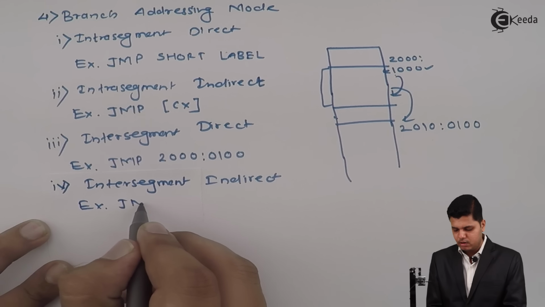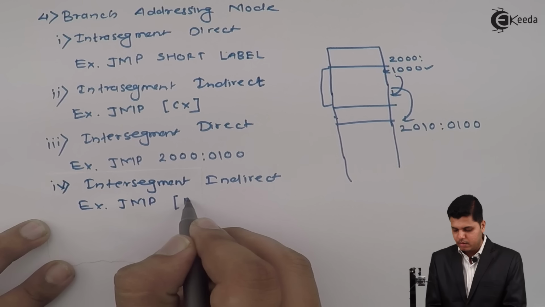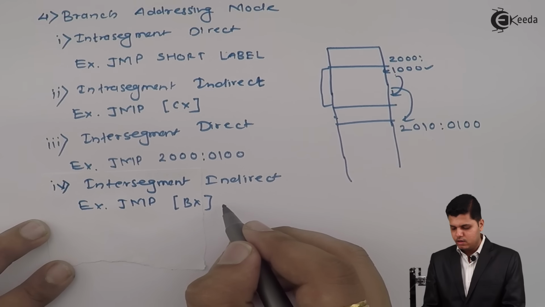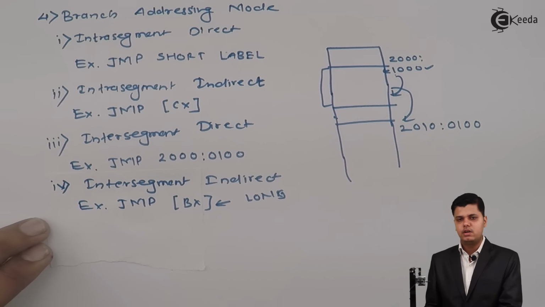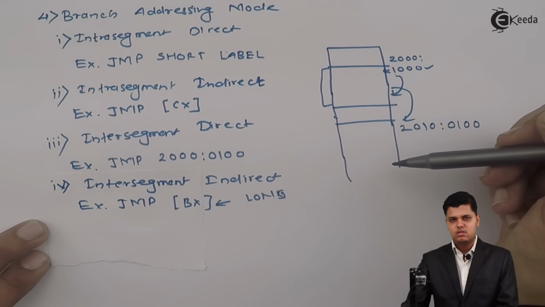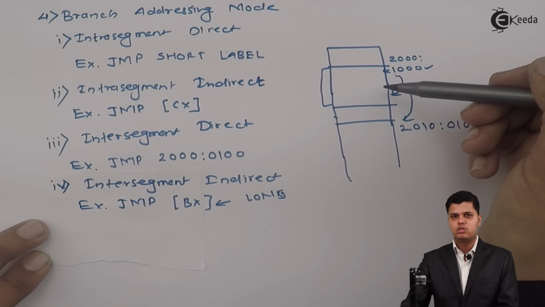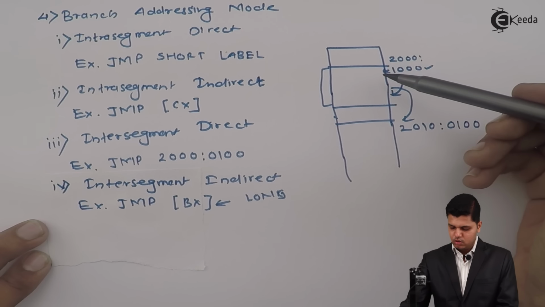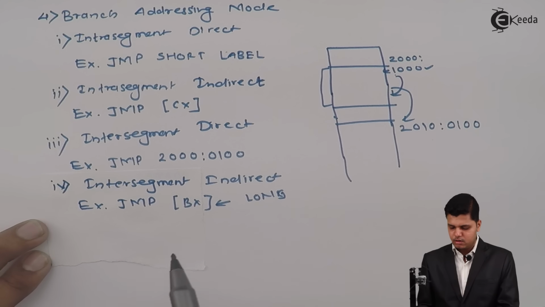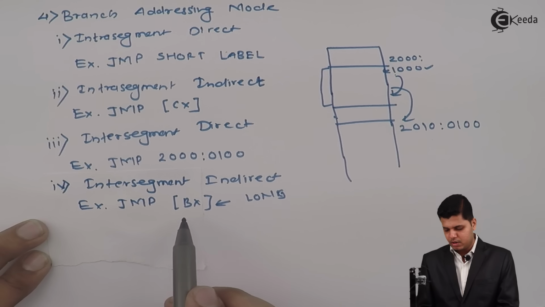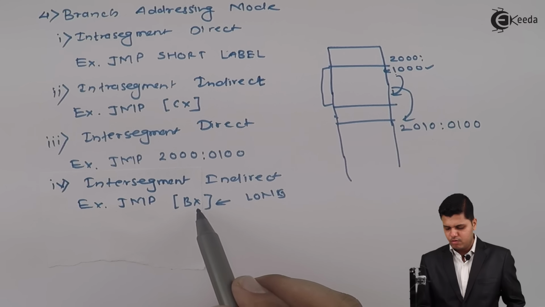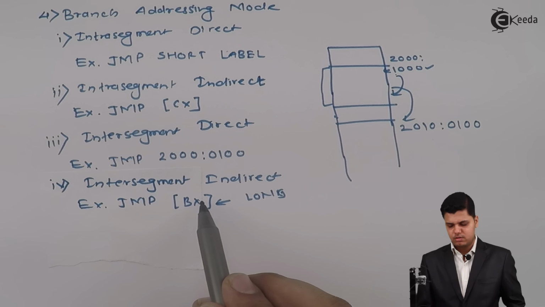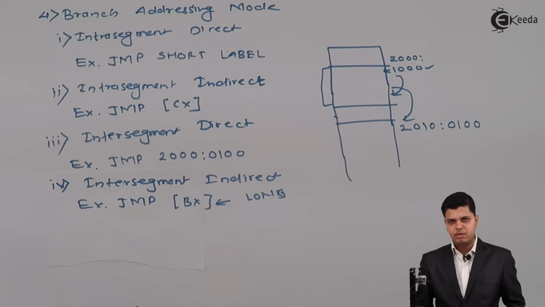So if I write JMP [BX], in this case the jump is a long jump, signifying that it is changing the sequence of the program and it is also changing the segments. So in inter-segment indirect, the jump happens, but the new address is available in another register. So this is called the inter-segment indirect addressing mode.